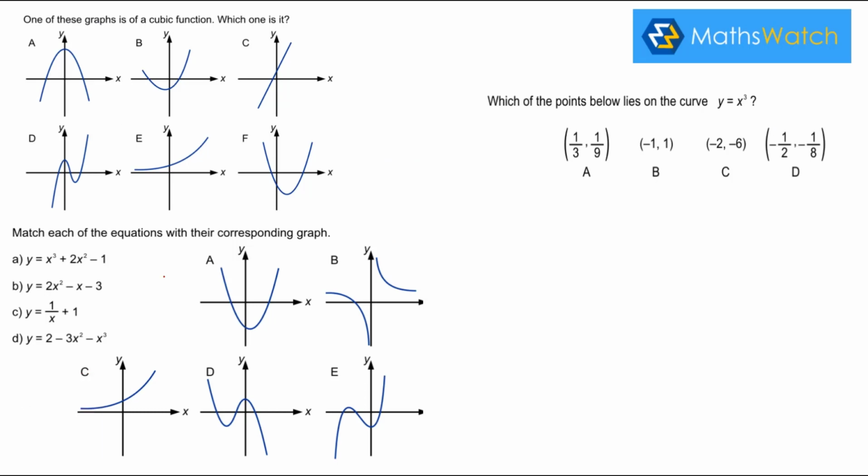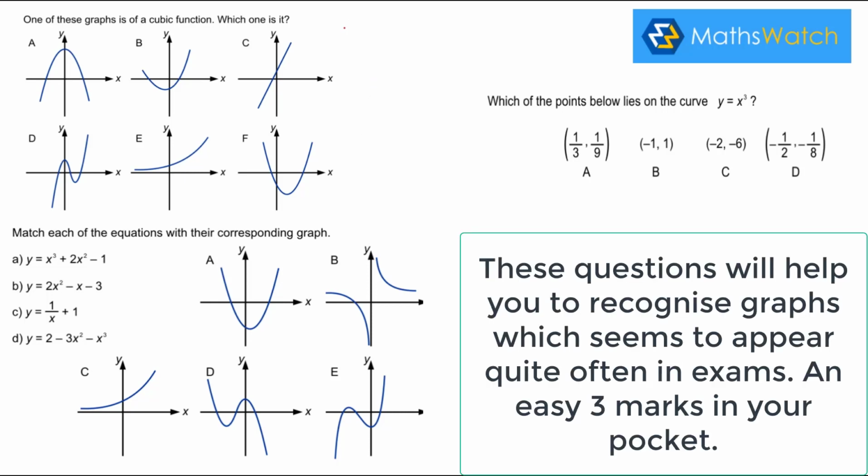Okay, let's have a look at these questions on MathsWatch because it does test your thinking skills. So, if you can remember my examples, a cubic function graph normally looks like that if it's got a positive x cubed term in it, and it's the opposite direction if it's a negative x cubed type function. So if it's a -3x cubed, etc. So C, you know that's a straight line graph.